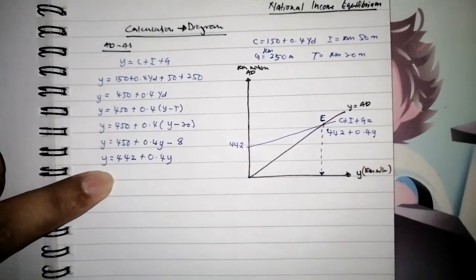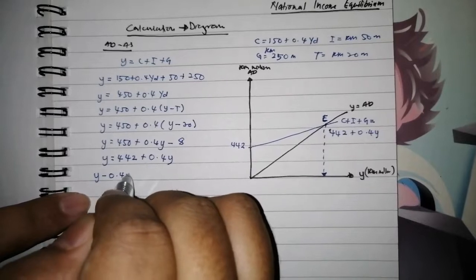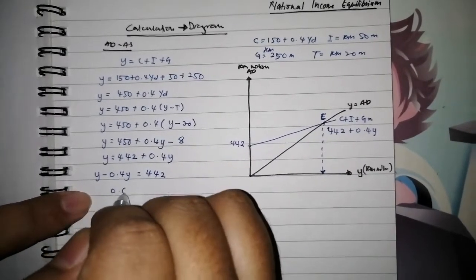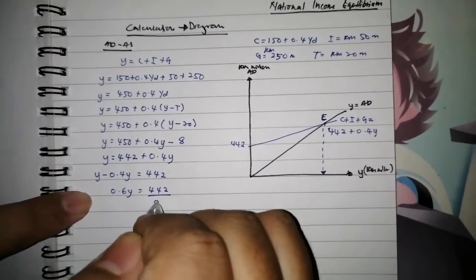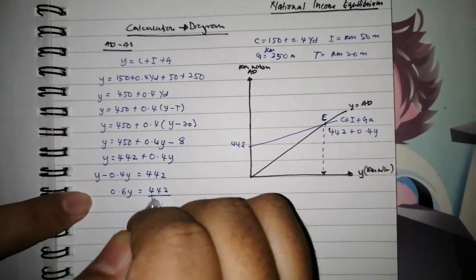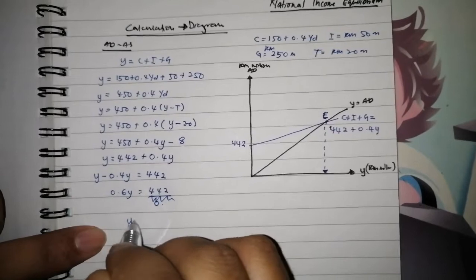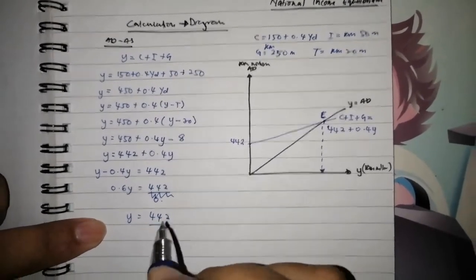The amount of national income equilibrium is Y minus 0.4Y equal to 442. 0.6Y equal 442, so Y equal to 442 divide 0.6.